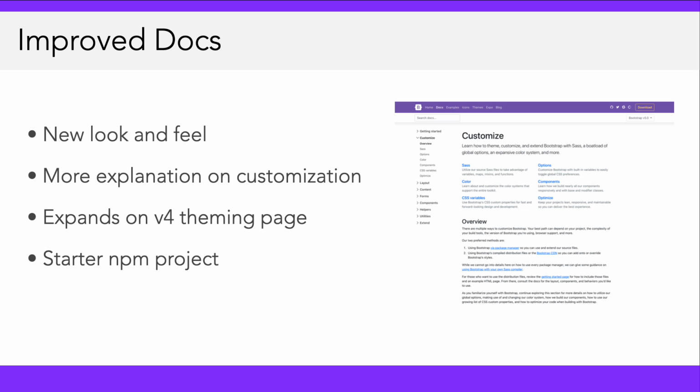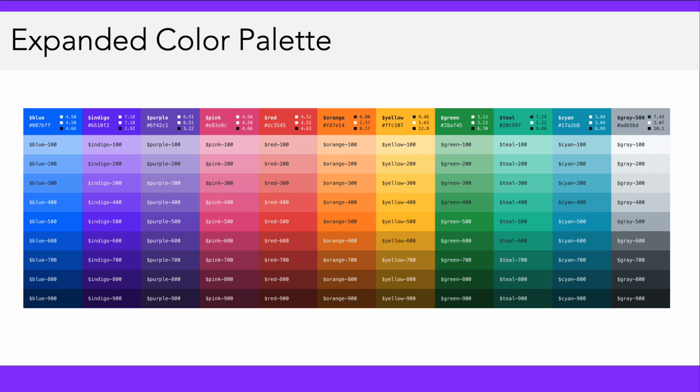So it seems like they're giving us more guidance to customize your themes so that not every site or every app looks the same. They actually expand on version 4's theming page with more content and code snippets for building on top of Sass files. There's also a starter NPM project, which is also available as a template repo on GitHub. So better docs, more information, more customization.